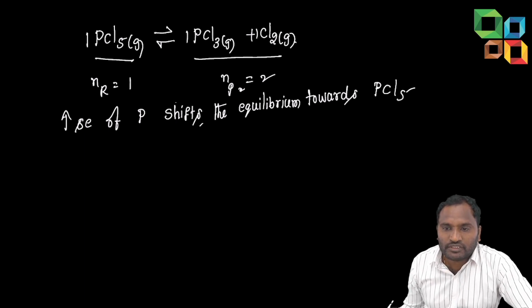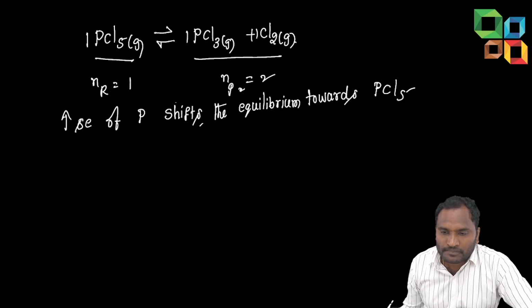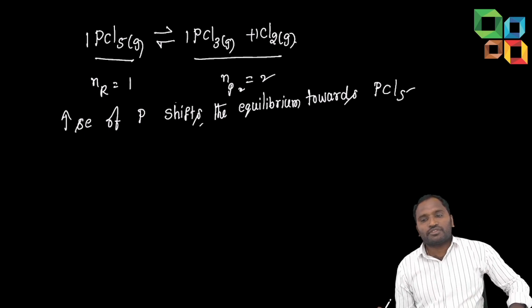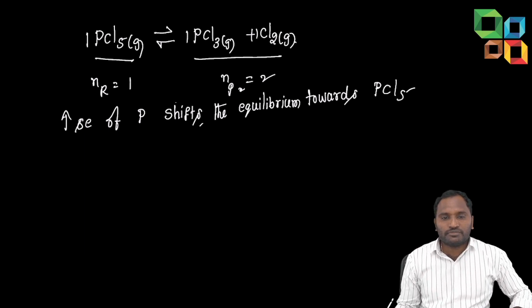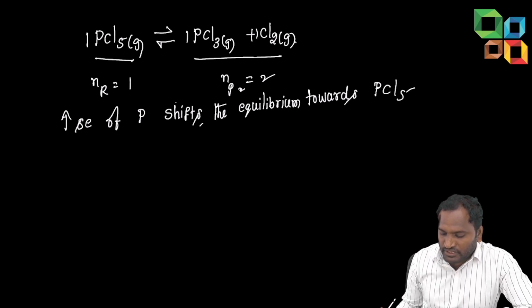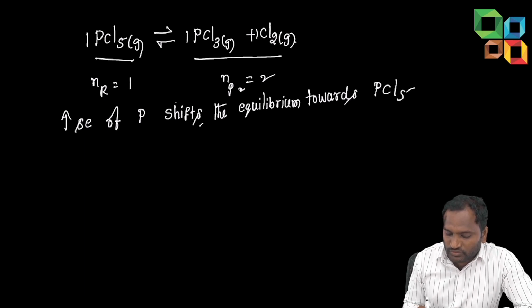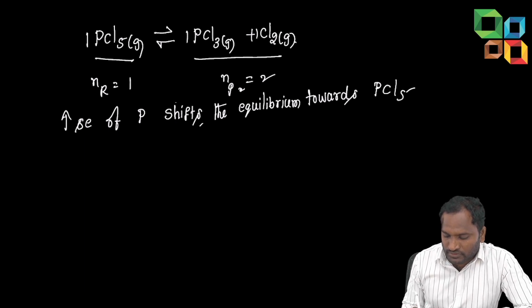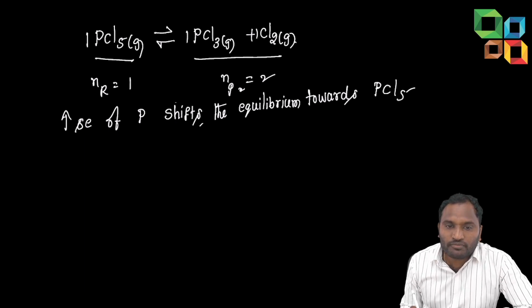Understood, students? Where the number of moles are less, that side equilibrium shifts. So to get PCl3 more, Cl2 more, decrease of pressure. This is about effect of pressure.